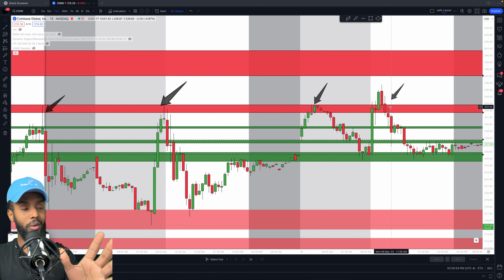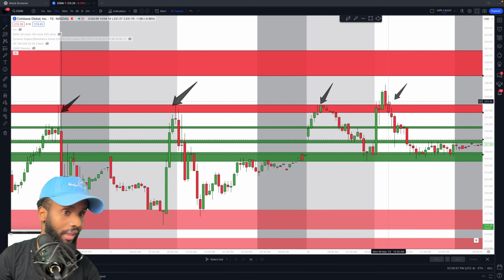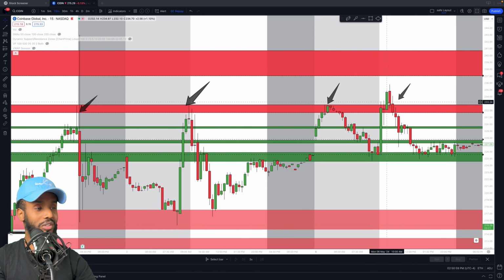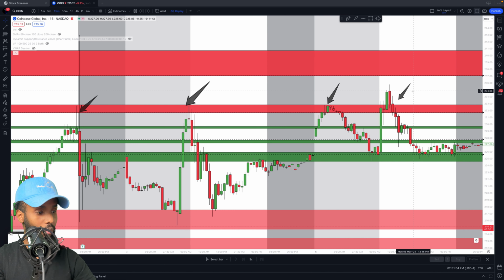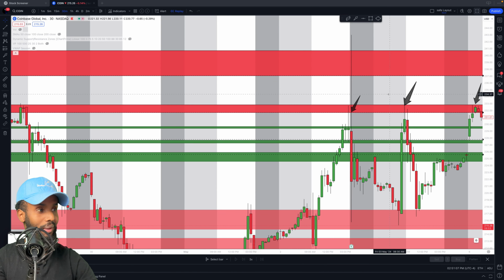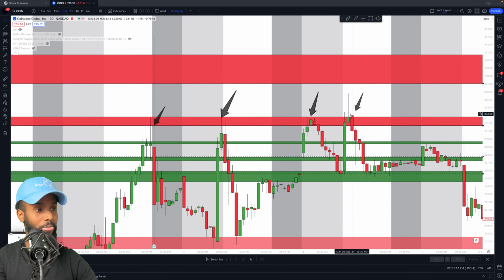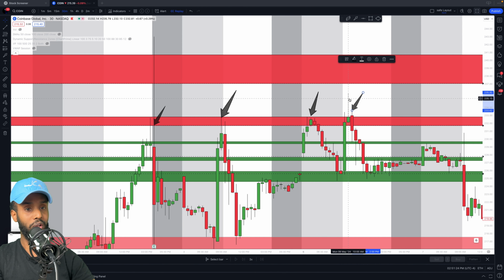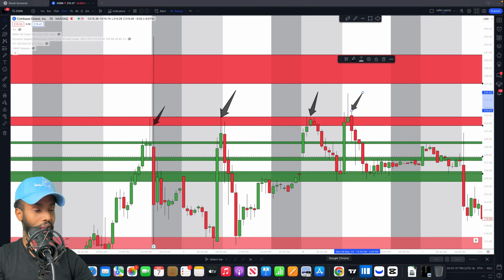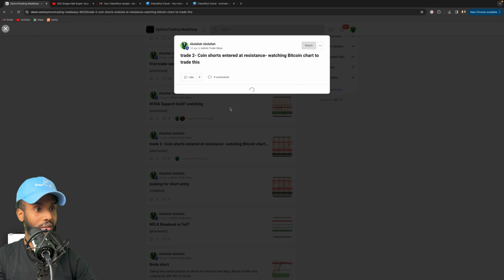This trade maybe was not as great, and the setup was not as perfect, because this kind of looked like it was breaking out, but I was looking at the 30-minute time frame, and on the 30-minute time frame, what I noticed is we came to this zone, but these wicks are telling me sellers are still there and this thing is not able to push higher. So I went short at this area, and I alerted this to the chat as well.